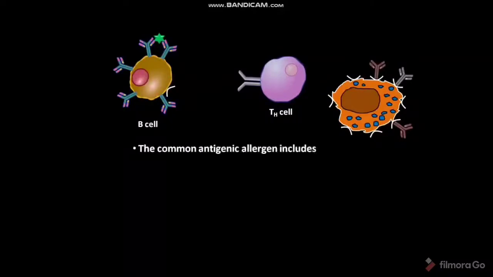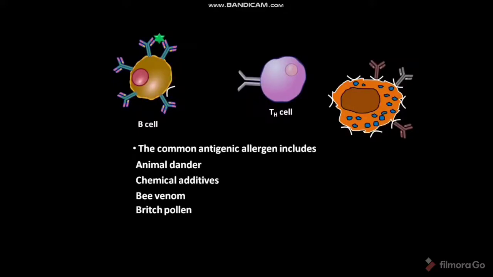The common antigenic allergens include animal dander, chemical additives, bee venom, birch pollen, ryegrass pollen, codfish, and drugs like penicillin. It is called an immediate hypersensitivity reaction because it occurs within approximately 20 minutes of antigen exposure.